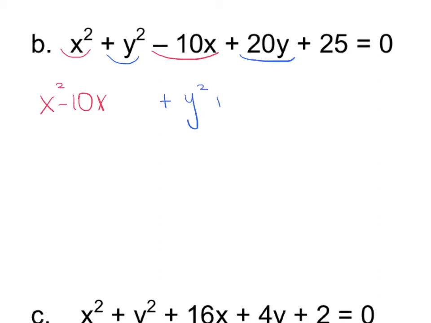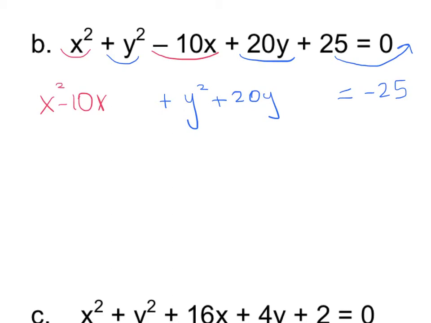See how I'm putting some space between them? And the 25 has to go to the other side, so you subtract it. There you go. This is how you prepare it. The x's together, the y's together, and then you move the whole number, which is 25, to the other side. If it's plus 25, you subtract it, it becomes negative 25 then.